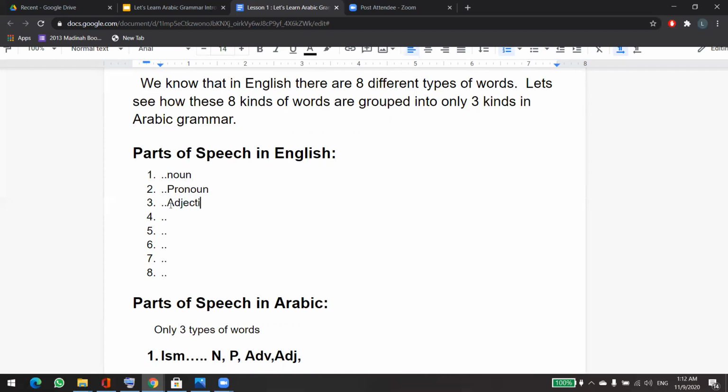Yes. Then verb. Yes. Adverb. Then preposition. Yes, preposition.